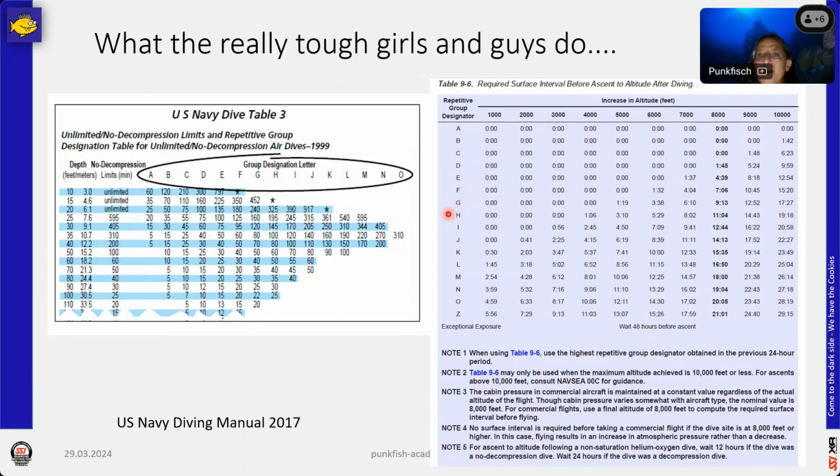So with group H, you have this table here, which shows you which altitude increase you are able to do after what period of time. Up to 3,000 more feet, which is 1,000 more meters, they say you don't need a break. Just when it gets to 4,000 feet, 1,300 meters, it starts with an hour of break, and to get to 5,000, 3 hours of a break.